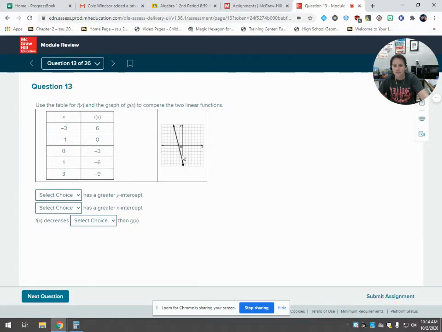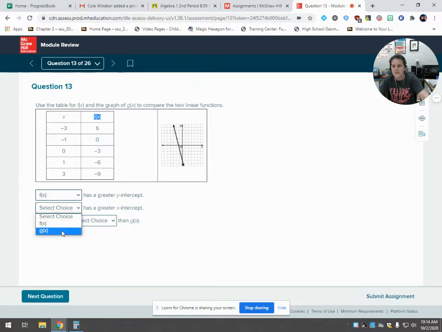If I keep on going, the y-intercept was right here. It says which one has a greater y-intercept? Well, that's going to be this one, because it's higher, it's greater. So f of x has a higher y-intercept. This is the graph of g of x. Which one has a greater x-intercept? Again, my x-intercept was right here, so it's just a little to the right of that one.